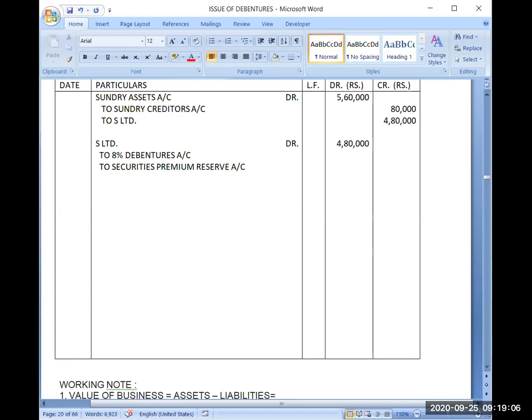So 20 is the face value and 20% of 20, 20% of face value 20 will be 4. So it will be 4, and that's why our issue price will become 24. I hope it is clear.